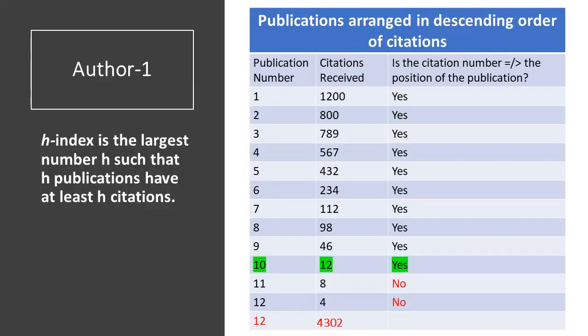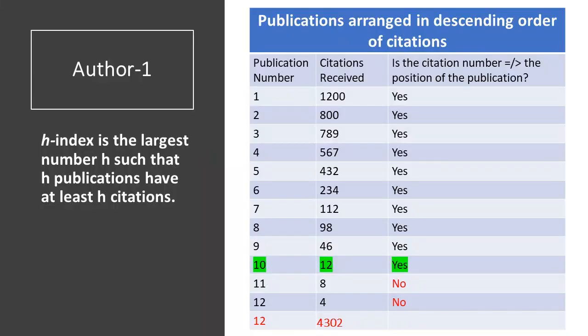So till you get to the point where the citation count is not greater than or equal to the position of the paper, then you should stop. The last row where the number of citations received is equal to or more than the position of the paper, that becomes the H index. So this is how it is defined.